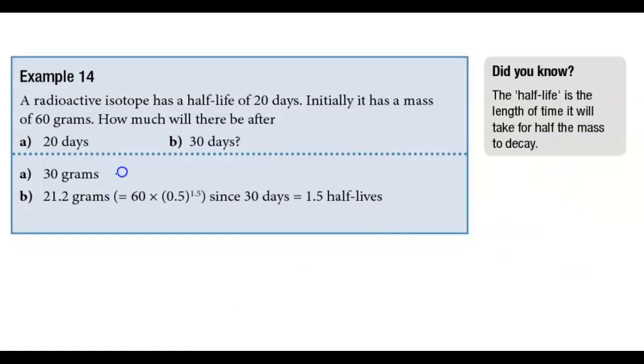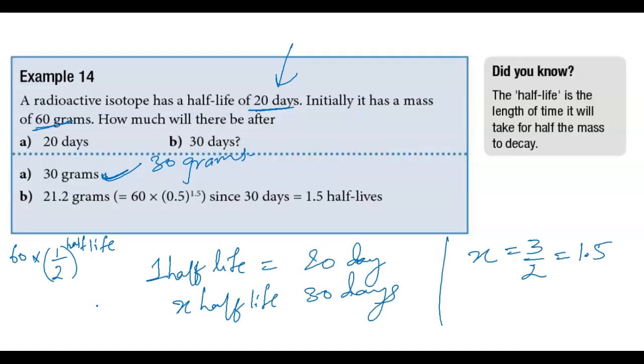The first part is very clear. A radioactive isotope has a half-life of 20 days, meaning in 20 days it decreases to half. If the initial amount is 60, after 20 days it will become 30 grams. See, this question can be converted into mathematical form, right?